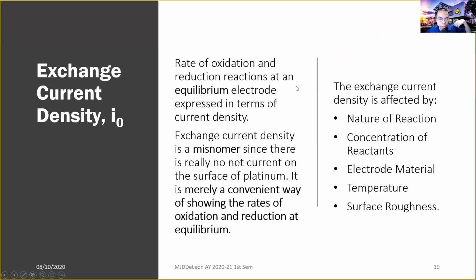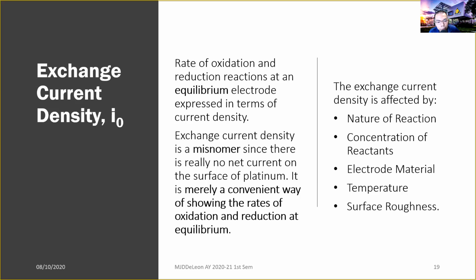So what is now your exchange current density? So the exchange current density is basically kung gaano kabilis ang reduction and oxidation reactions mo at equilibrium. So the rate of oxidation and reduction reaches an equilibrium, at an equilibrium is equal, and therefore wala tayong net current. So the exchange current density is a misnomer since there is really no net current on the surface of our electrode.